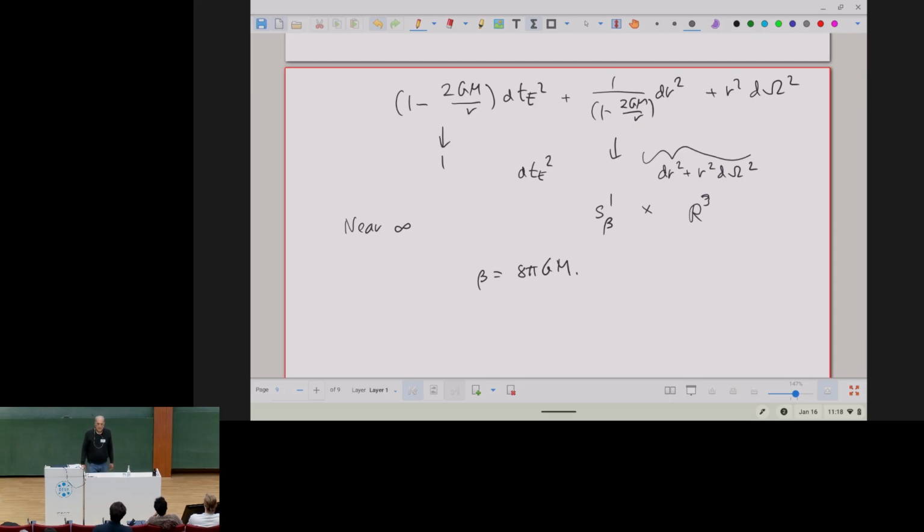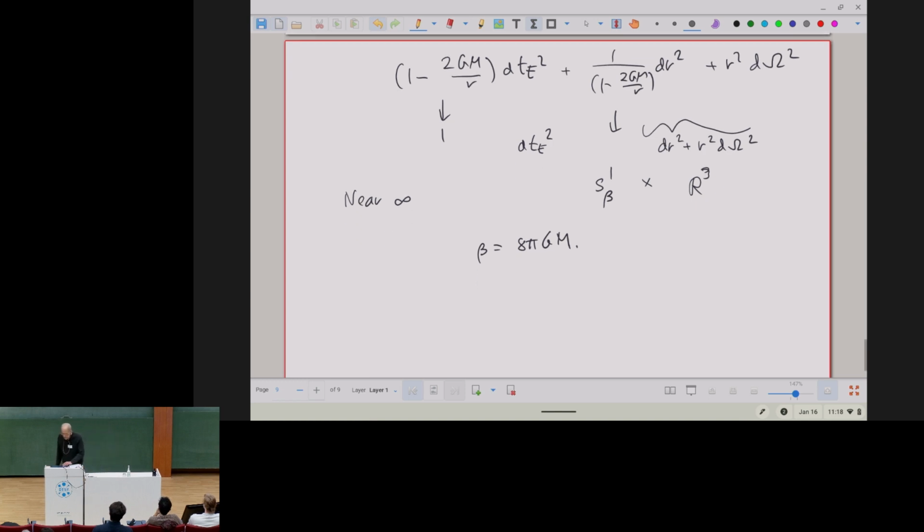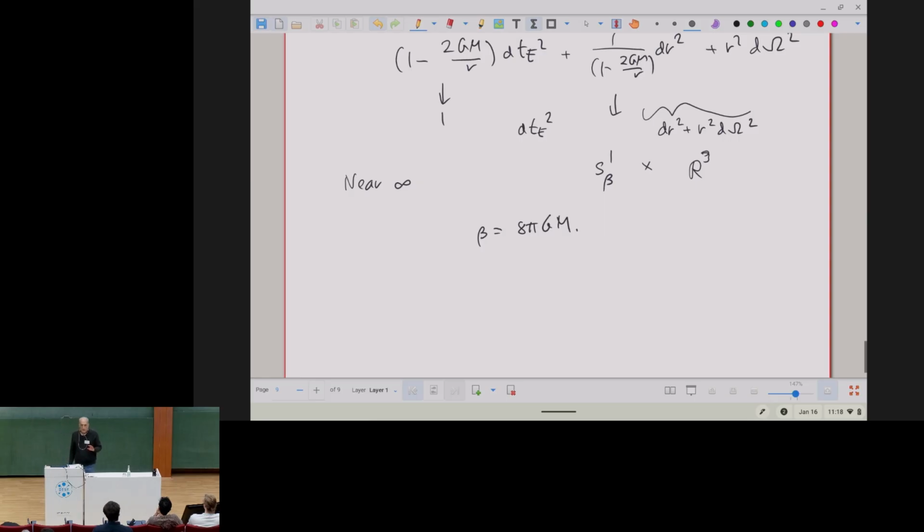So the geometry is just a circle times R3, and something that you probably either know or, if you're near the beginning of your studies of quantum field theory, will soon learn is that in quantum field theory, a path integral in R3 times a circle is a way to describe a thermal ensemble of fields in R3 at inverse temperature beta.